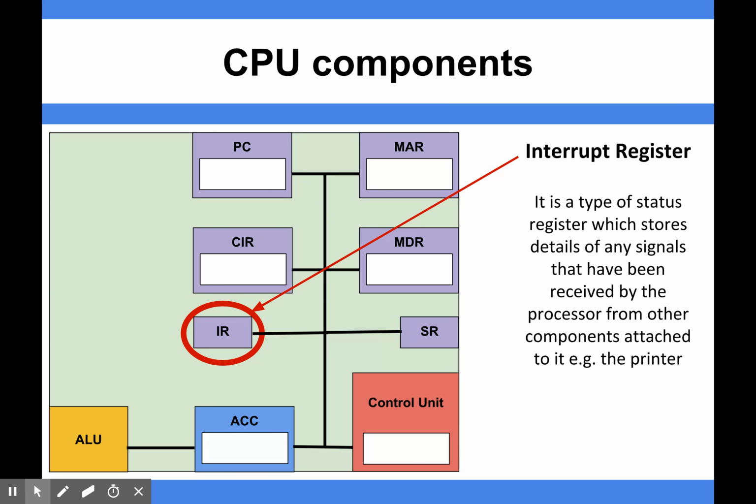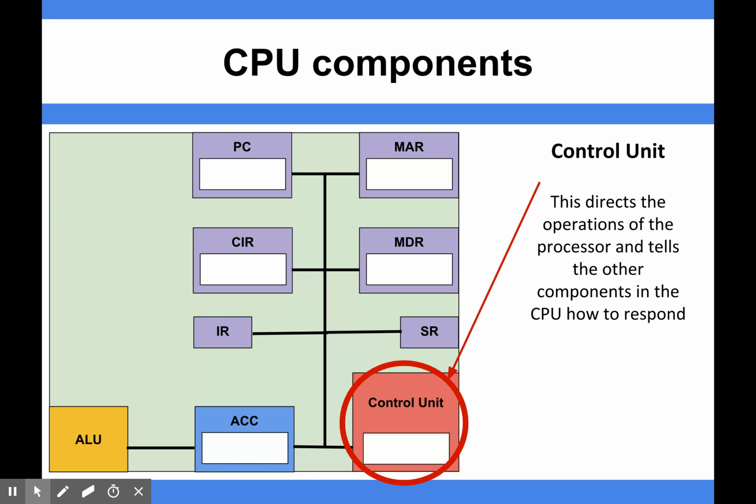So if you're typing a letter and the processor is going through the motions of processing all those letters that you're typing and displaying them on the screen, a more important bit of hardware, let's say main memory RAM or the hard disk drive, might want to interrupt what the computer is currently doing to say, I've got this to do and it's more important. That's what the interrupt register is for. So it would flag to the control unit, you need to stop what you're doing and do this other thing that's a bit more important.